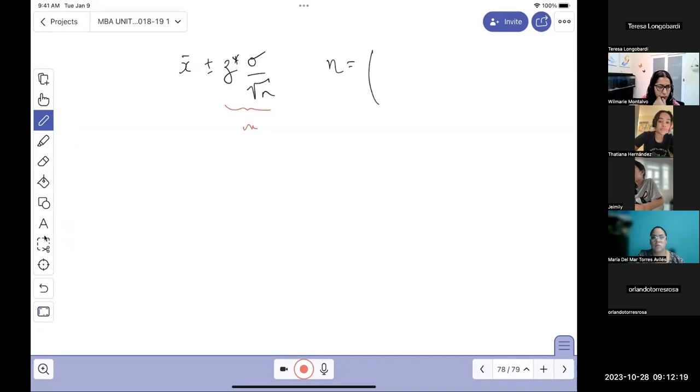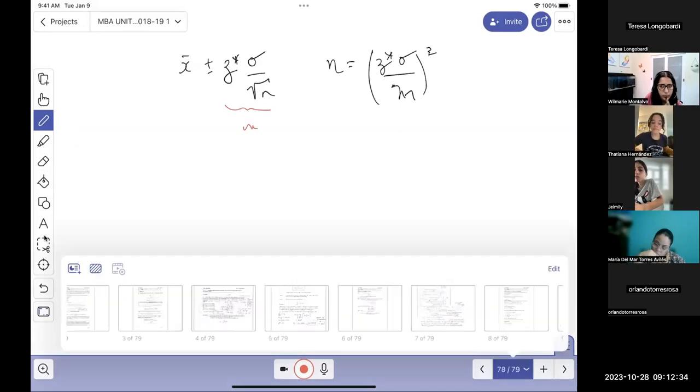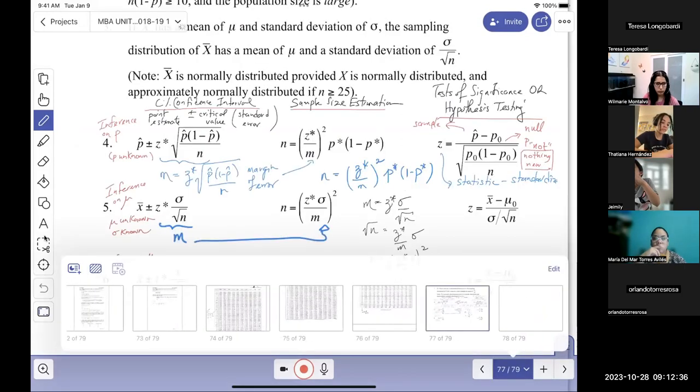And it's Z star sigma over M, squared. No, sorry, M squared. That's how we're going to find the N. So it's this formula here.